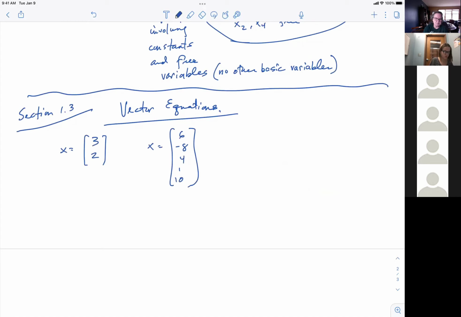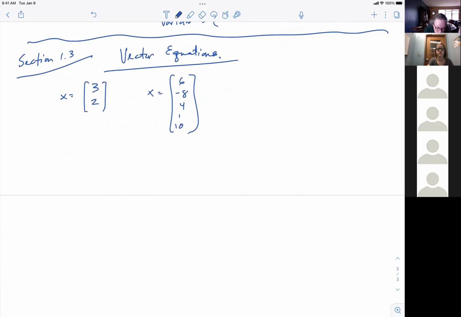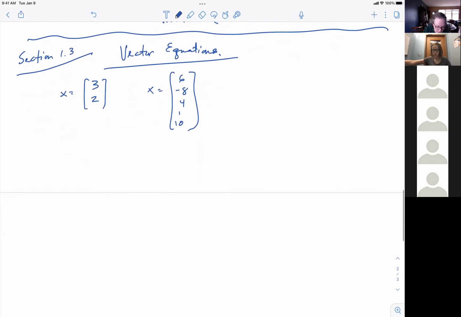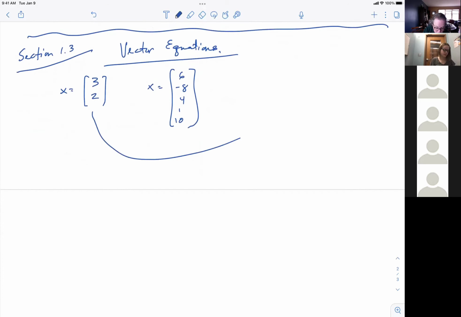And the one thing that really comes through in this section is that vectors have a geometric interpretation. We can draw vectors that have 2 dimensions, or 2 entries. For example, this vector 3, 2 looks like this.